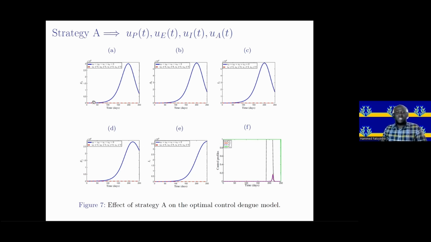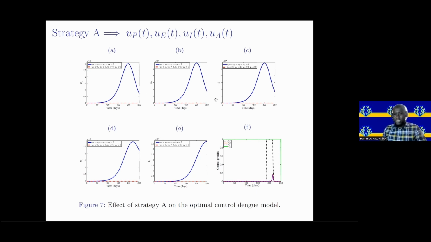As you can see, without the intervention, the disease persists in the optimal control problem. But when we introduce all the 4 strategies, that diminishes the spread of dengue in the population.